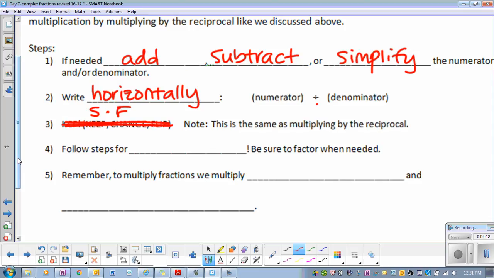And that's basically the same as multiplying by the reciprocal. And then after you do that, you just follow the steps for multiplying fractions, okay? And be sure to factor.